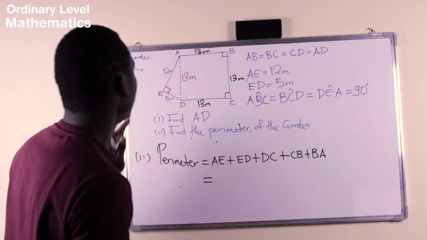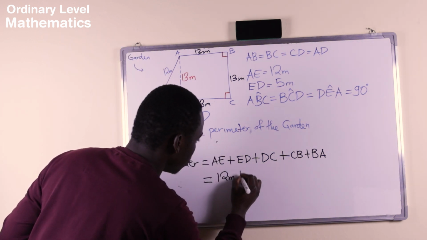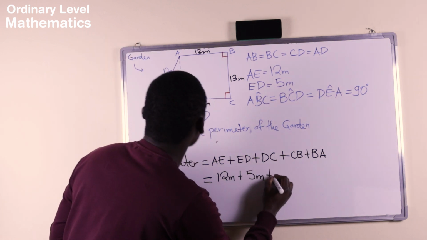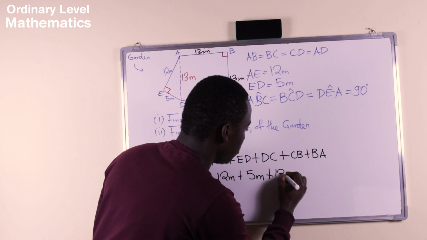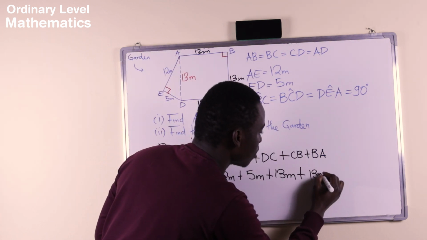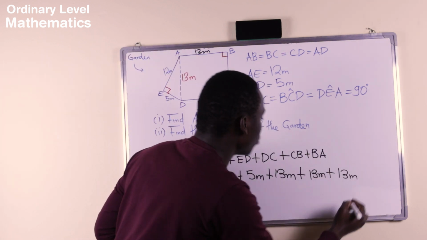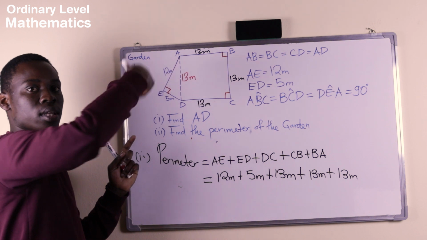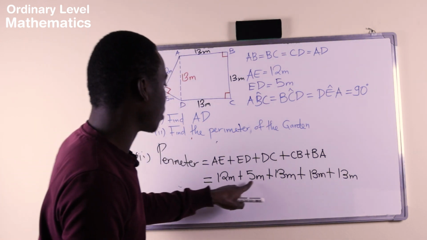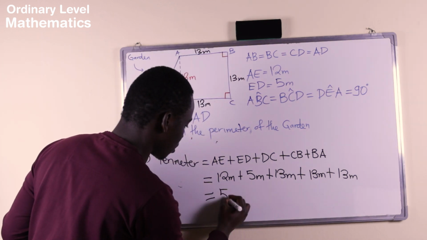And this is equal to AE is 12 meters plus ED is 5 meters plus DC is 13 meters plus CB is 13 meters plus BA is 13 meters. So this is around the shape that we've been given. So this will be equal to 12 plus 5 plus 13 plus 13 plus 13 is equal to 56 meters.